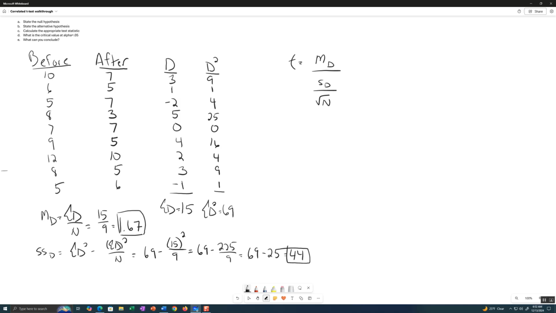To find the standard deviation of D, I've got to take the sum of squares, divide by n minus 1, which is 9 minus 1 is 8, and take the square root of that. So it's 44 over 8, square root.